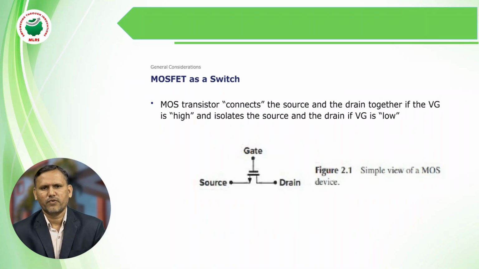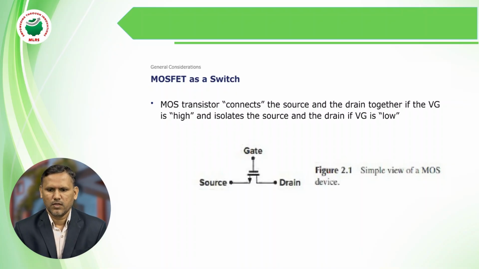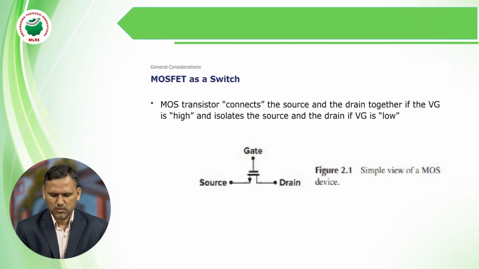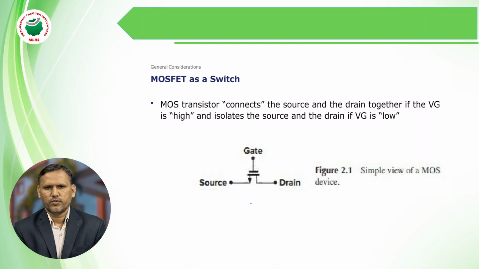The second one is MOS acting as a switch. In this we can observe there are different conditions we can consider for the gate. If the gate supply is 0, that means it acts as an open circuit in NMOS.